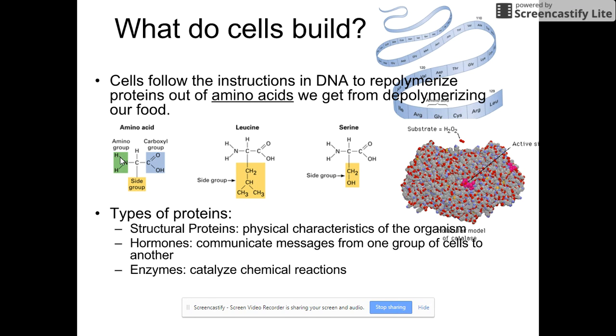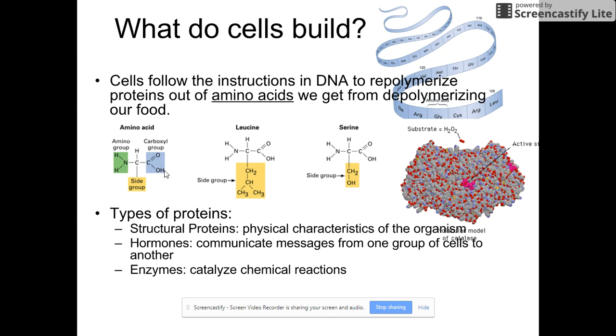Trust me, I've been there. Every amino acid has in common two functional groups. One of them is called an amine group or amino group, NH2. The other functional group we always expect to find is a carboxyl group, C double bonded to O and to OH.